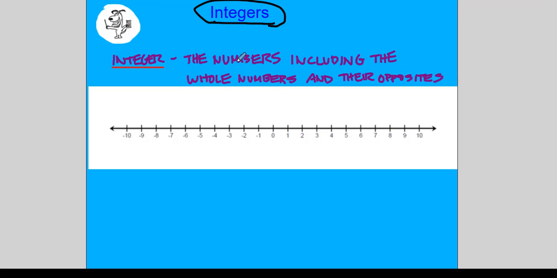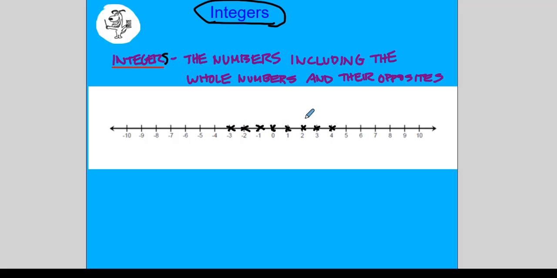The integers are the numbers including the whole numbers and their opposites. So the whole numbers are 0, 1, 2, 3, 4, etc., up to infinity. And then the opposites of these numbers: the opposite of 0 is 0, the opposite of 1 is -1, the opposite of 2 is -2.